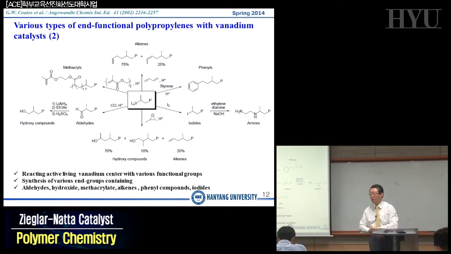Traditionally, what industry does to functionalize this polypropylene for supply to ramen packaging film or other packaging systems is that you first make the polypropylene by extrusion.